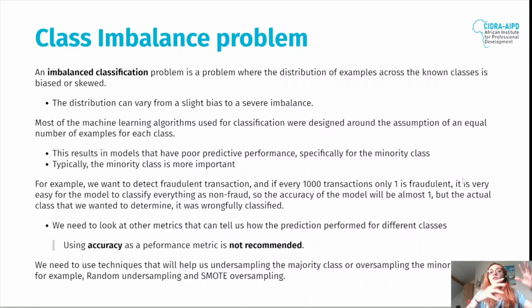So assume that you have a larger database, but if you were undersampling the majority, you would have just one positive and one negative, for example. Some of the techniques are called random undersampling and SMOTE oversampling, all of which can be used to help you with these types of problems.